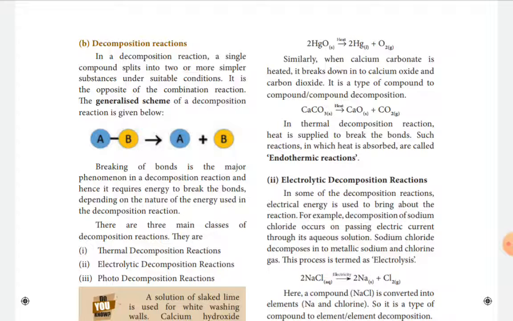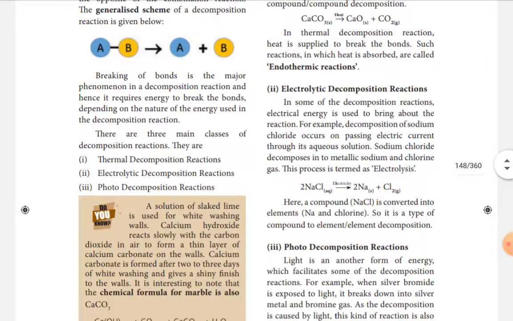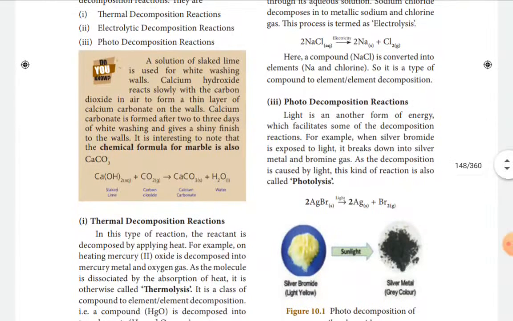Next, electrolytic decomposition: electrical energy is used for the decomposition of a molecule like sodium chloride into sodium and chlorine. Then in the photo decomposition reaction, when the compound is exposed to light, the molecule breaks down into simpler components. Example, silver bromide: when exposed to sunlight, silver and bromine are obtained.